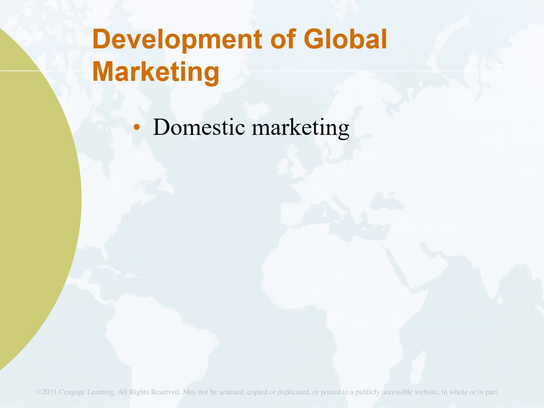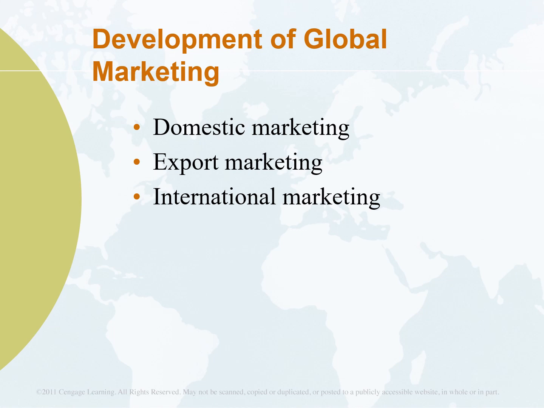Then we talked about the development of global marketing, how global marketing for a specific company evolves. They start with domestic marketing, and then they start to export to another country, and that's export marketing. Then they export to more countries, and it becomes international marketing. And then they set up operations in multiple foreign countries.